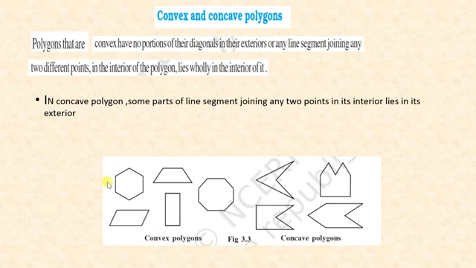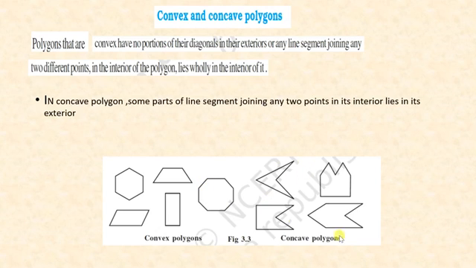Like in this figure, all these are convex polygons because if you take any two points anywhere in the interior of the polygon, then that line segment will completely lie inside it.